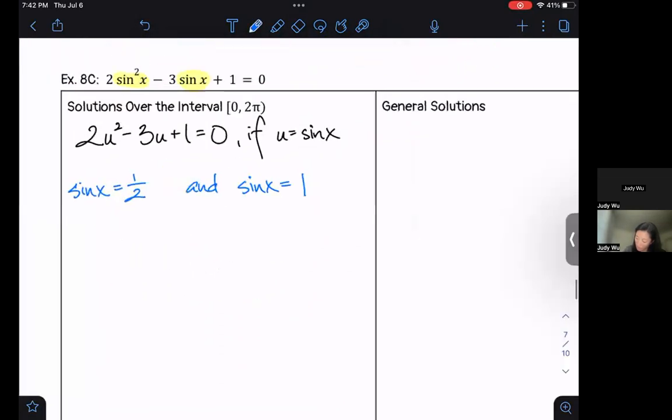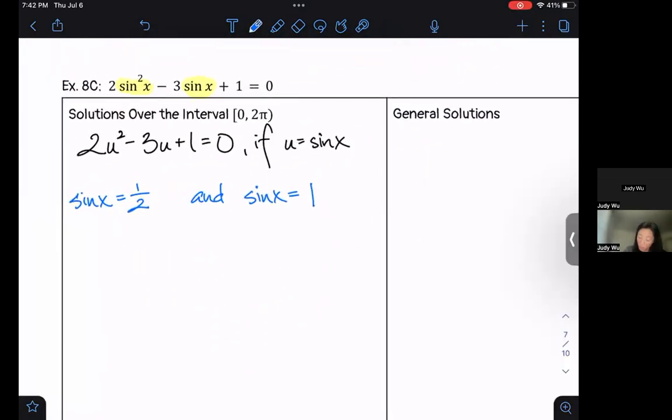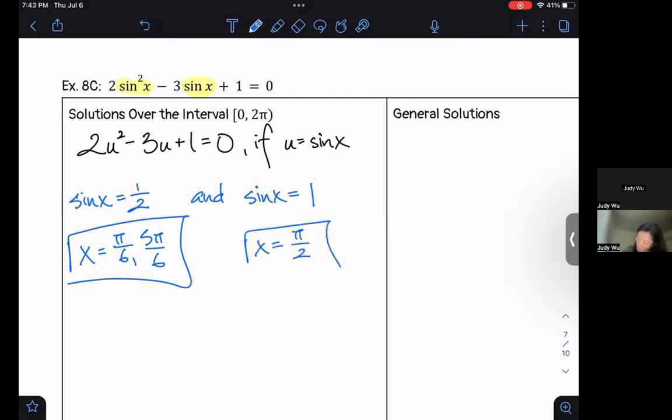Now, if sine x equals 1/2, I know that x has to be pi over 6 and 5 pi over 6. And if sine x equals 1, I know that x equals pi over 2.